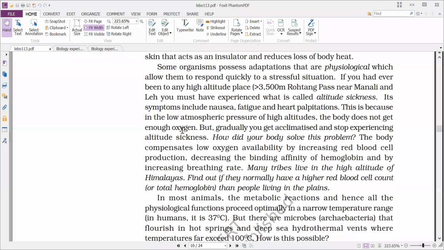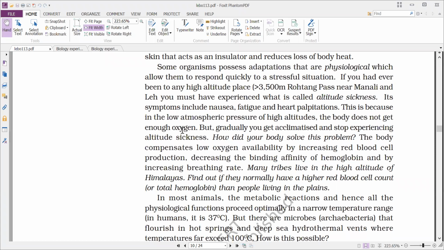For example, if you have ever been at a high altitude place, more than 3,500 meters, like Rohtang Pass near Manali and Leh, you must have experienced what is called altitude sickness.